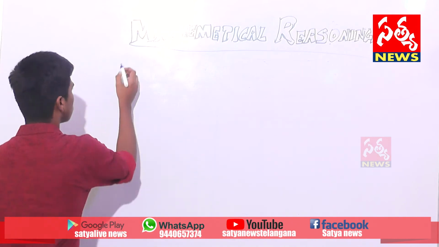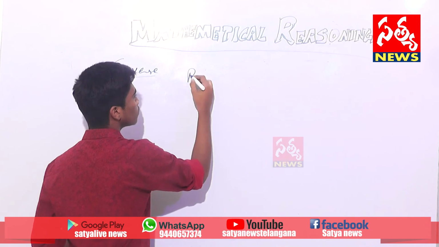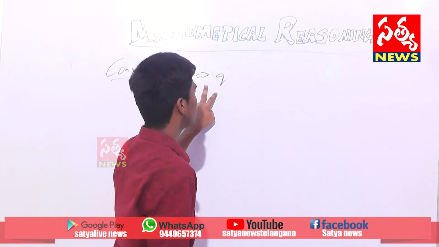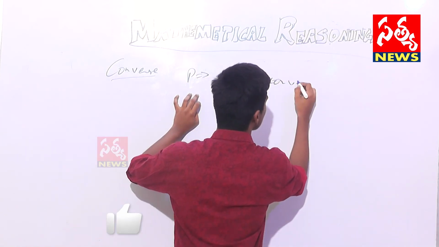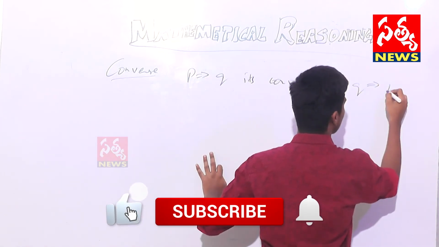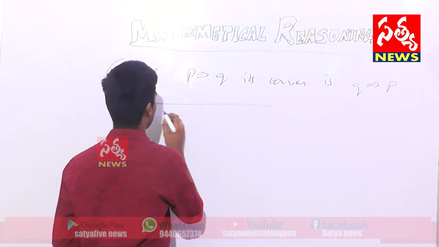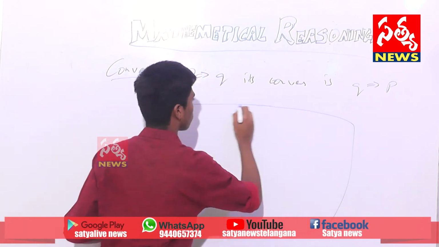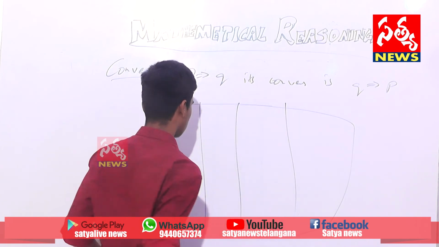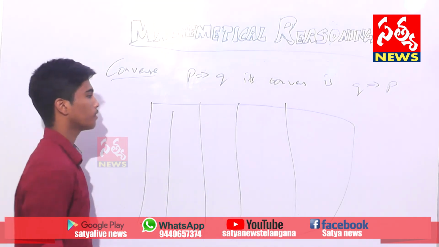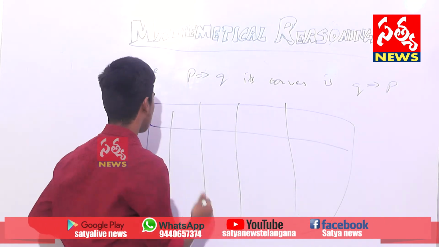And now next, converse. Converse means if P conditional Q is there, then its converse is Q implication P. Okay. We all know the P conditional Q, right?